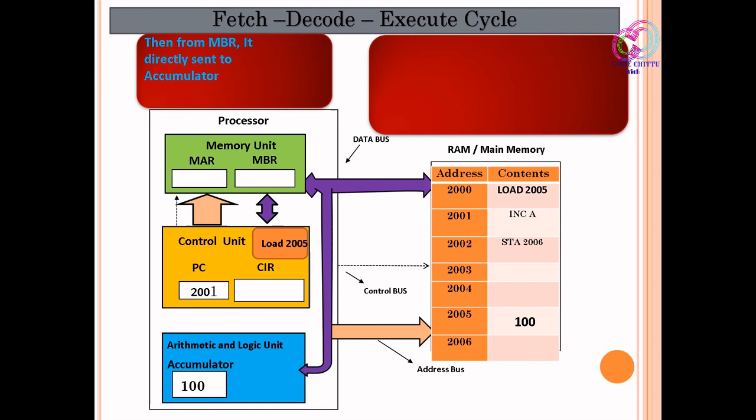Then the next instruction starts. Suppose it is increment A: the program counter is already at 2001, so that address points to the next instruction to be fetched. It is explained orally here, but I will add the separate fetch-execute cycle animation, without this explanation, in the description.